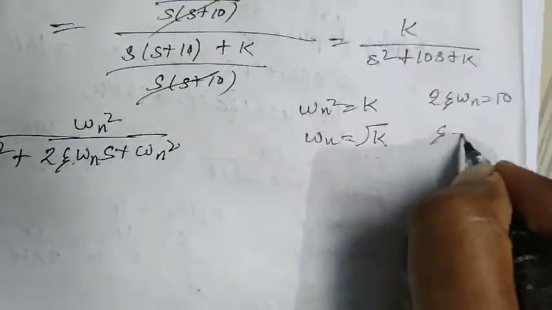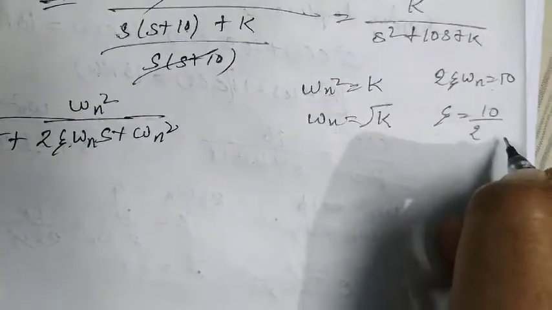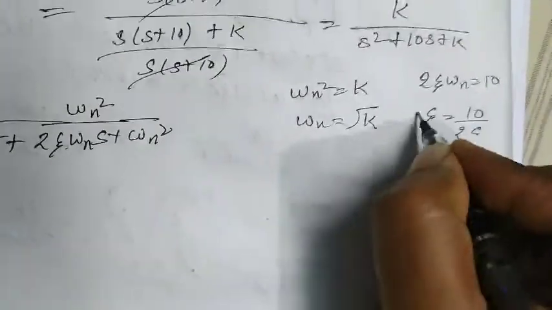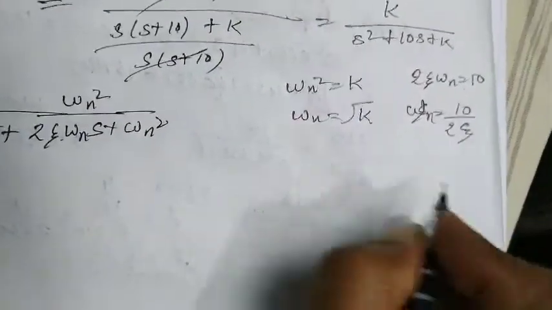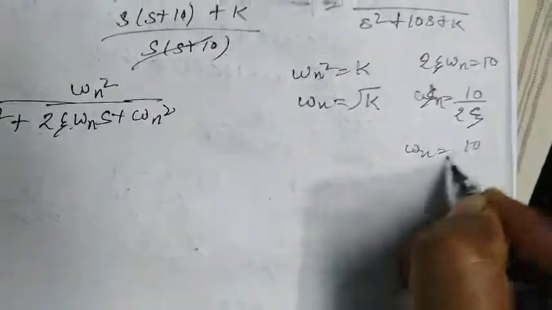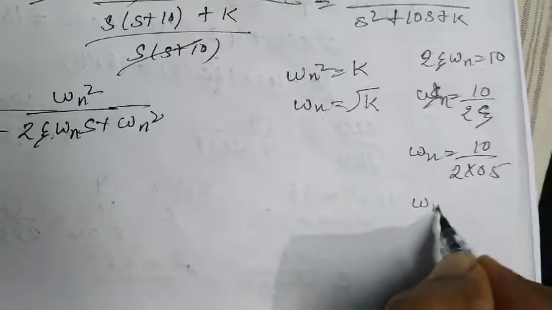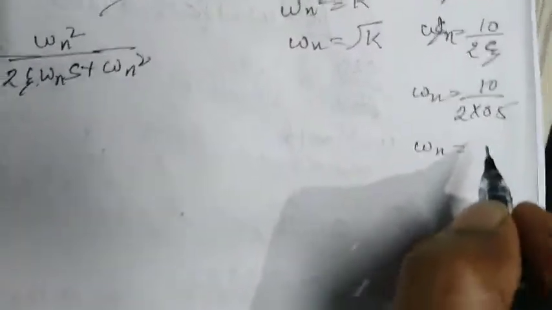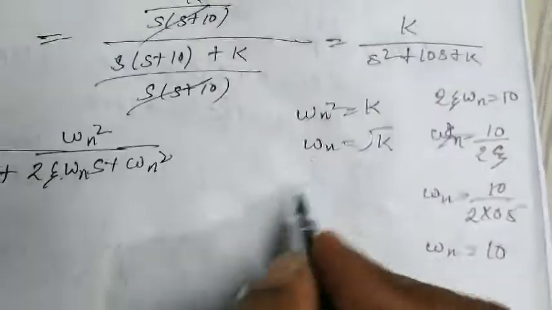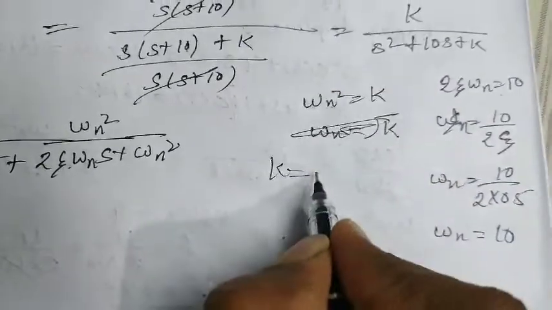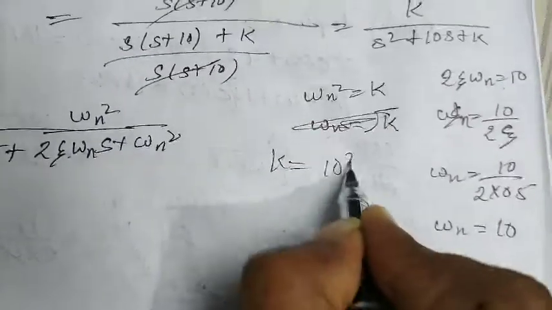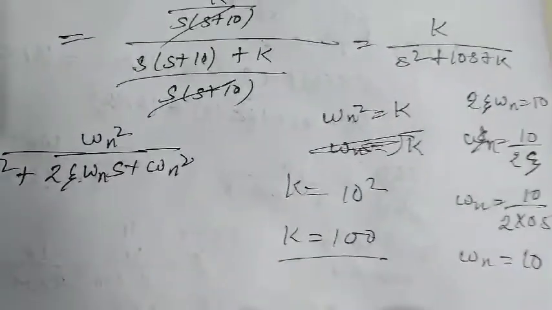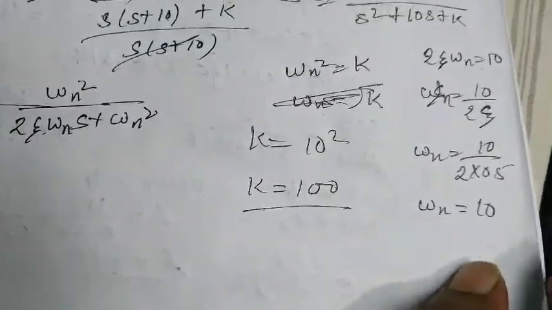From this, omega n equals 10 by 2 into zeta, where in the question zeta is given as 0.5. So I'll substitute 0.5, and I'll get omega n as 10. So substituting, k is given by omega n square. So I'll get 10 square, which is k equals 100. So I got the k value, and omega n as 10.